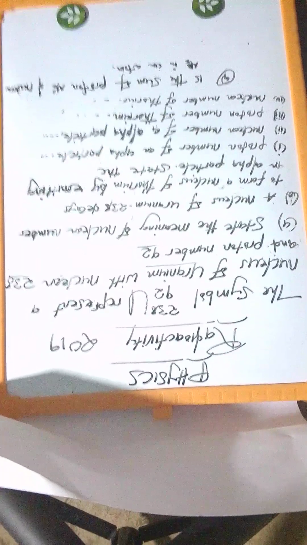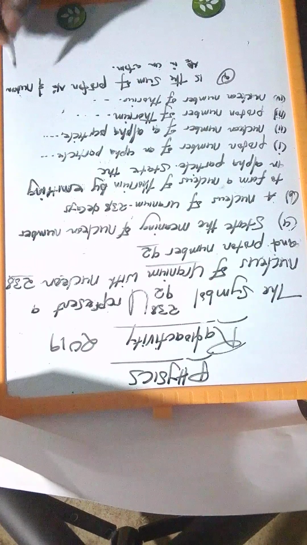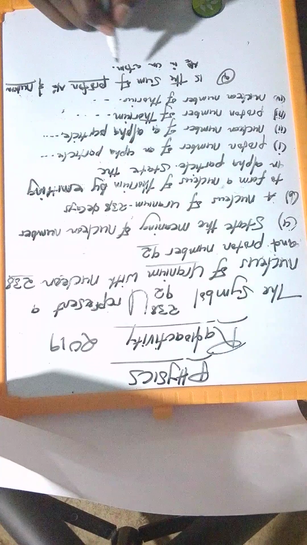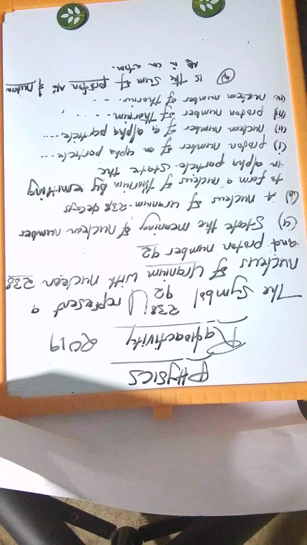So proton number and neutron number, when we add these, we are going to get the mass number. So that's the first part, which had 1 mark.